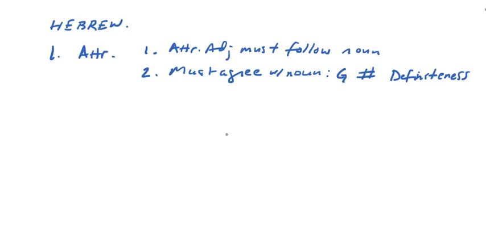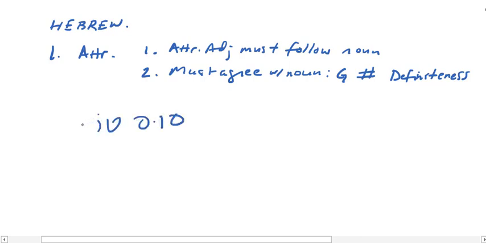Okay, so let's take a look at some examples of how this works in Hebrew. Let's take, first of all, sus tov. Sus tov. Is sus the noun or is tov the noun? Sus is the noun.